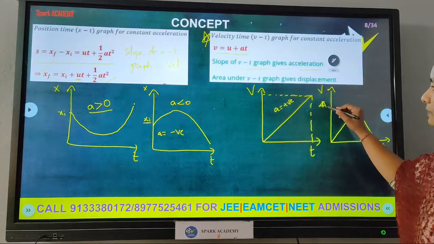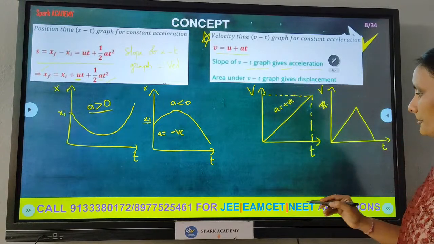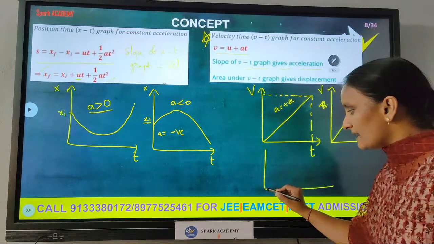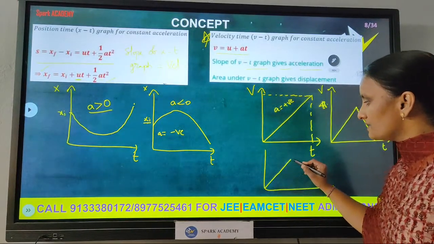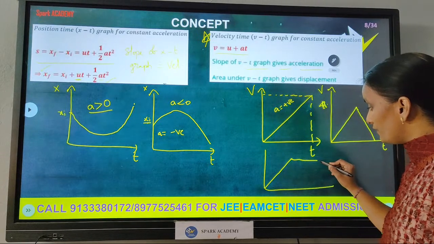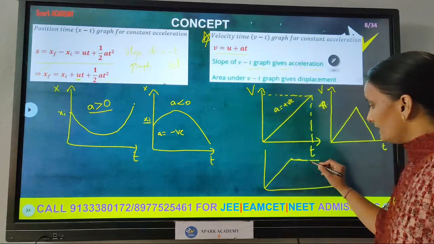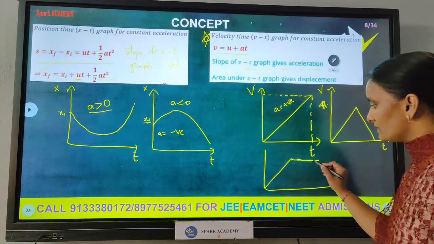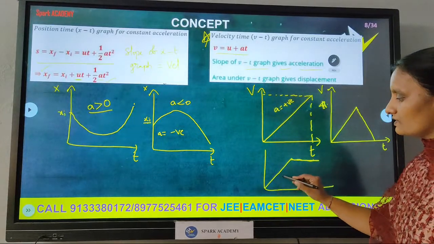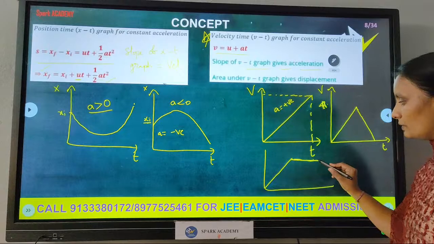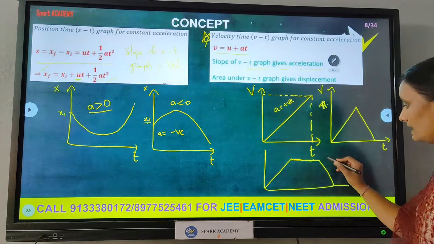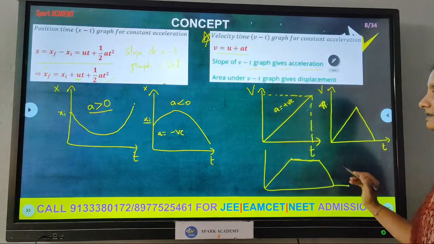This is one of the important graphs about velocity time, and the question can be asked this way also: the object starts from rest, accelerates uniformly for some time, and then moves uniformly. It is in uniform motion, meaning velocity remains constant, showing a straight line. Then for some time it decelerates and finally comes to rest.